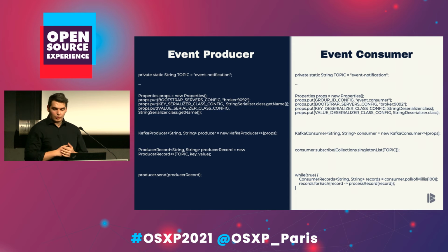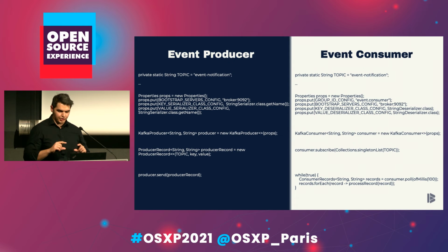This is just some code, some examples for writing a Kafka producer and a consumer. There are tons of examples like this on the internet. It basically takes like 10 lines to write a Kafka producer and another 10 lines to write a consumer. This is all in Java. So basically there are 4 blocks.